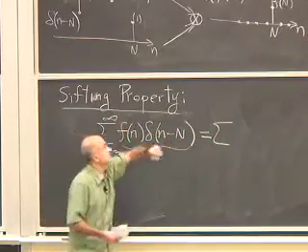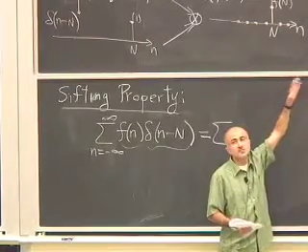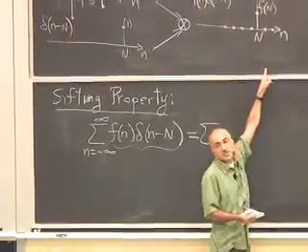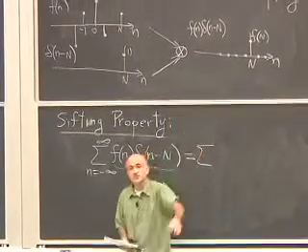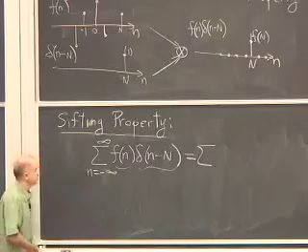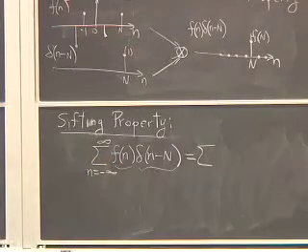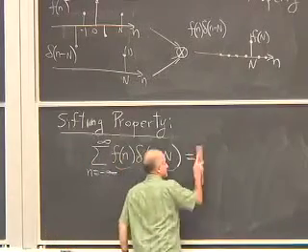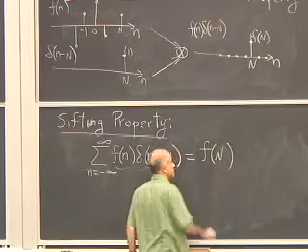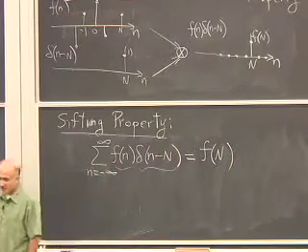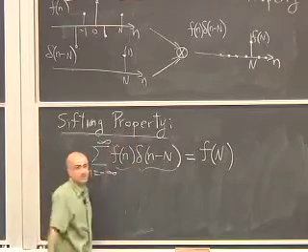In fact, sum it from just before N to just after N. Whatever range you pick, as long as it includes N, you should get the same answer. So what would you tell me when you sum all the values from minus infinity to infinity? F of N. Okay? So drawing pictures will help you figure things out quite often. By just drawing that picture, we figured out the answer.